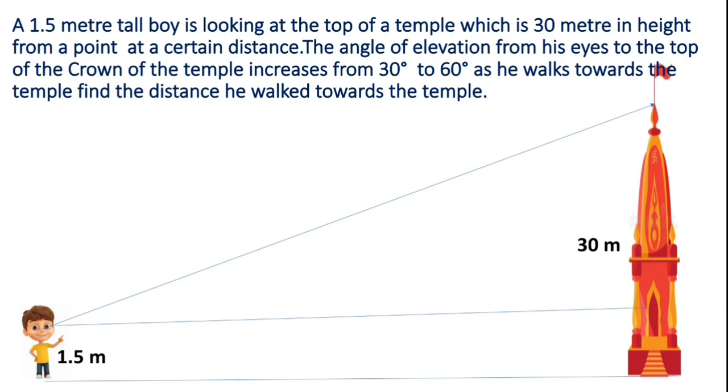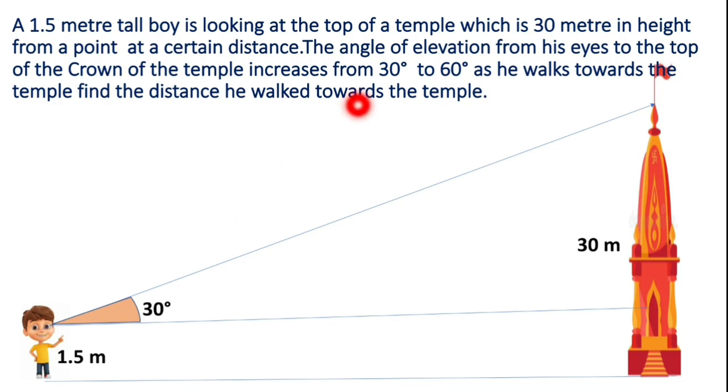Now the 30 degrees angle: when the boy moves a certain distance towards the temple, the angle of elevation increases from 30 to 60 degrees. That means first, when the boy is seeing, the angle of elevation is 30 degrees. So we have to consider the angle of elevation here as 30 degrees. This indicates the first angle.